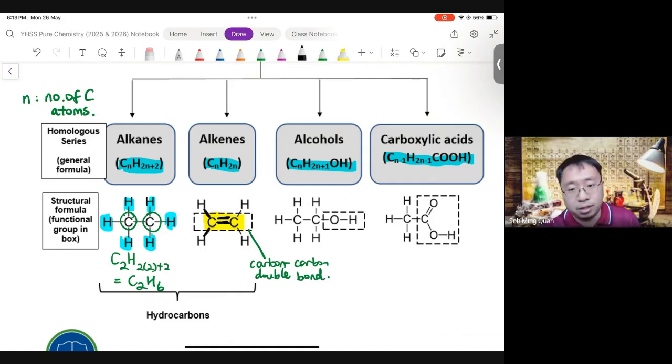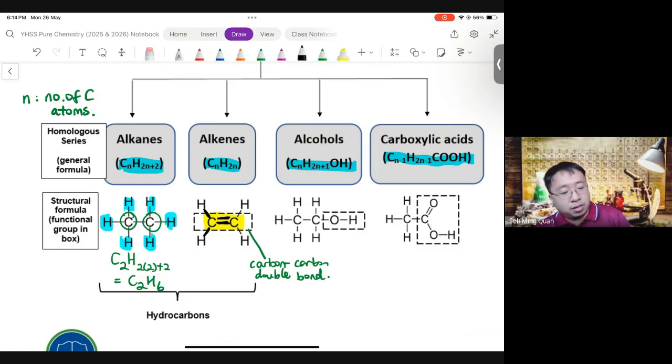That's why you can see an alkene has fewer hydrogens than alkanes, because the double bond already took up some of the bonds of carbon. So how many more hydrogens could each carbon bond to? Fewer. Because ultimately, every carbon must only have four bonds and nothing more. Four is the only number allowed.